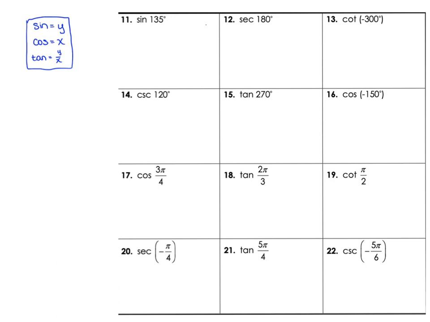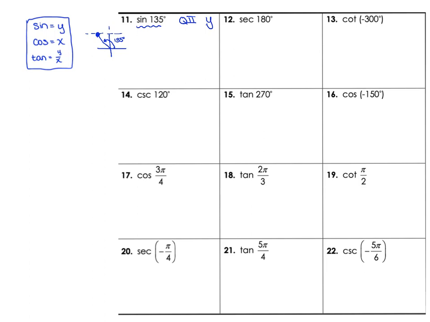So 135, the first question here is: we're looking for the sine of 135 degrees. This happens in quadrant 2. I'm going to sketch that out for you. So 135 degrees is right over here, and it looks like this. Since we're looking for sine, we want to know the y value of 135 degrees.